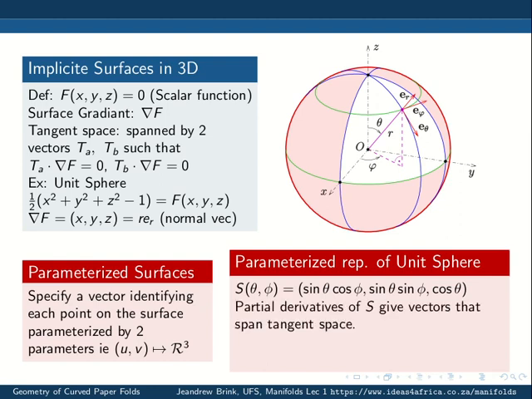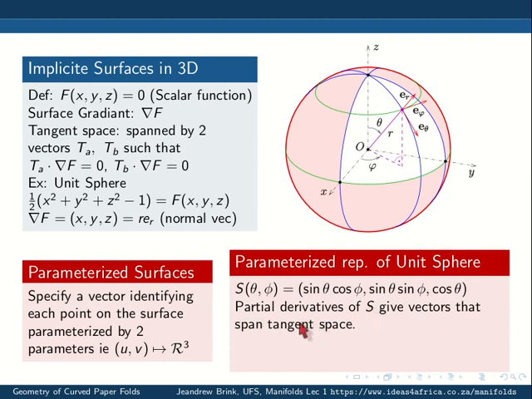Now the partial derivatives of S give us vectors spanning the tangent space for this description. This one is convenient because you immediately know what the normal is. This one is convenient because from the description you immediately get what the tangent space is.